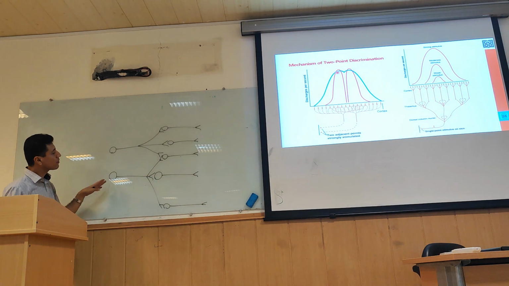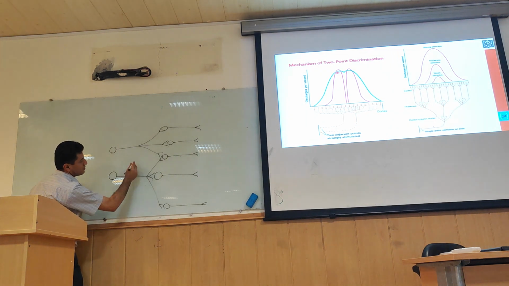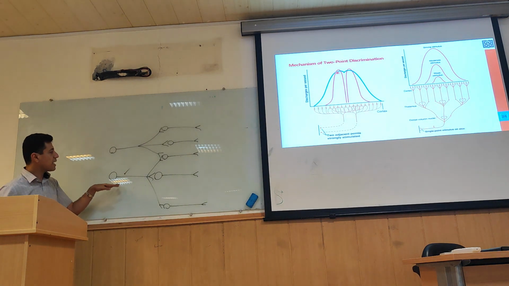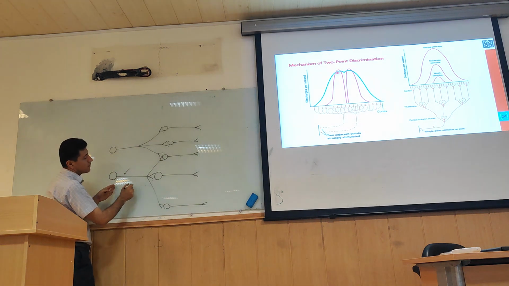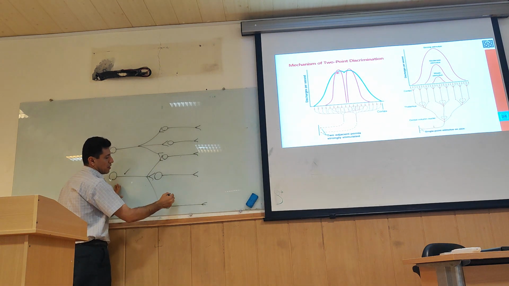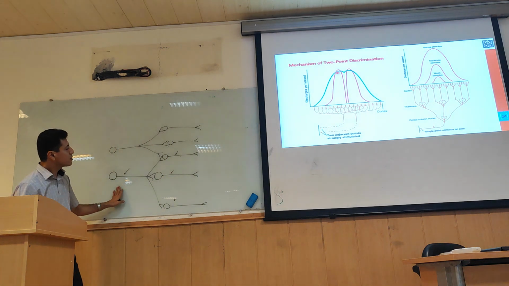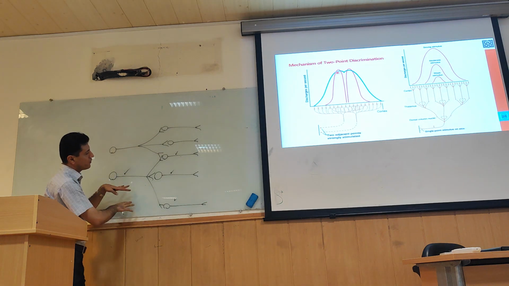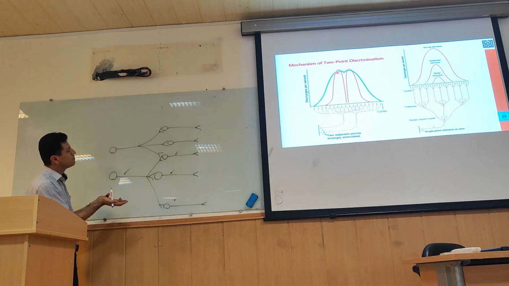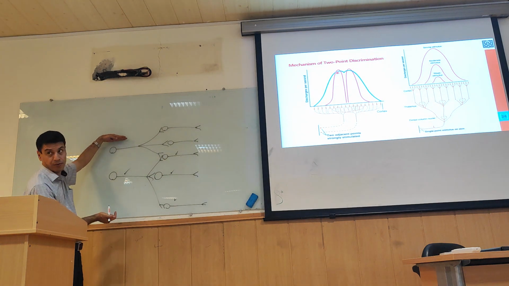So this one is activated. Action potential goes to these neurons. So this means all of these are activated. So the brain thinks that this information is coming from a wide region of the skin, because this one is also activated by other neurons.